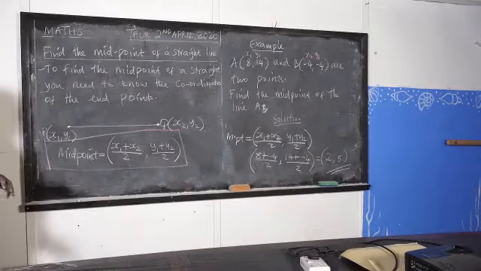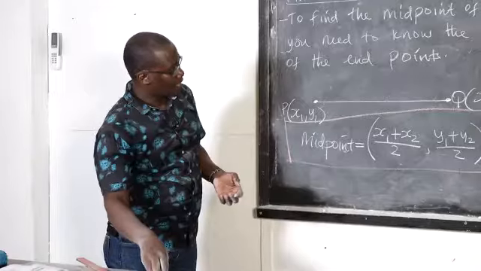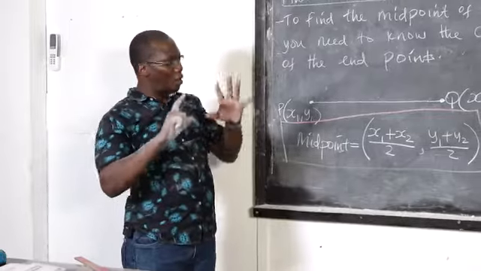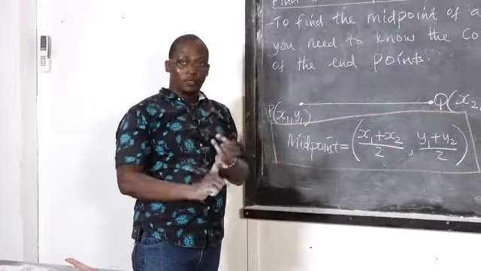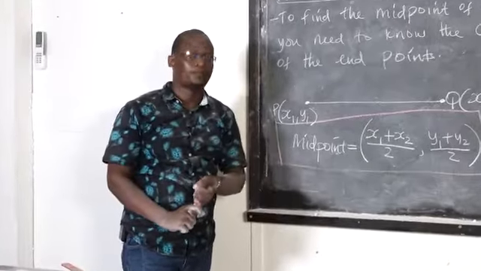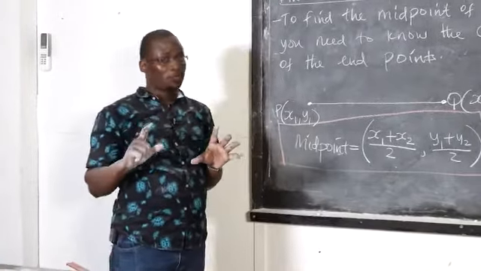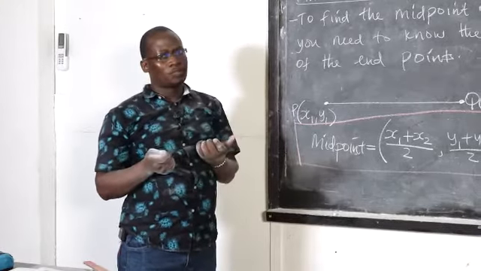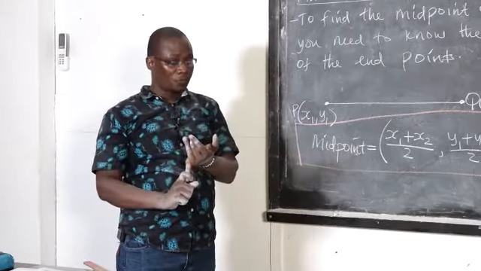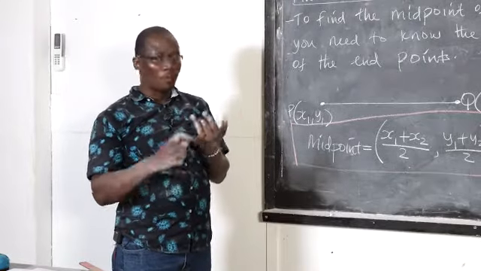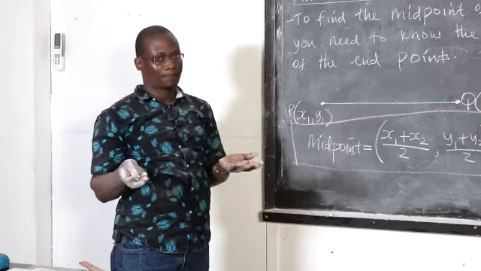So what you need to do, please, we are running out of time. So just remember our objectives. Now you should be able to read the coordinates, plot the coordinates. Should be able to find the gradient of a line given 2 points or given an equation. You should be able to interpret and obtain an equation of a straight line in form of y equals mx plus c.